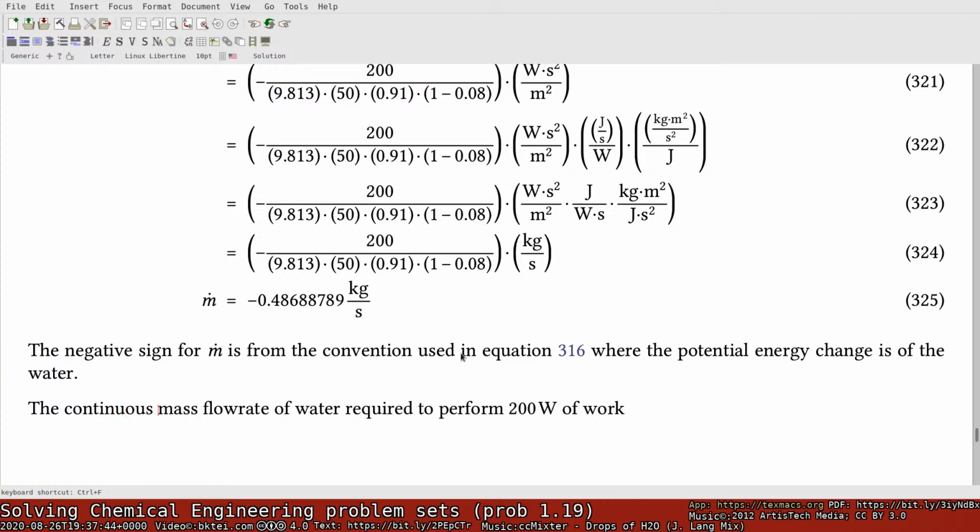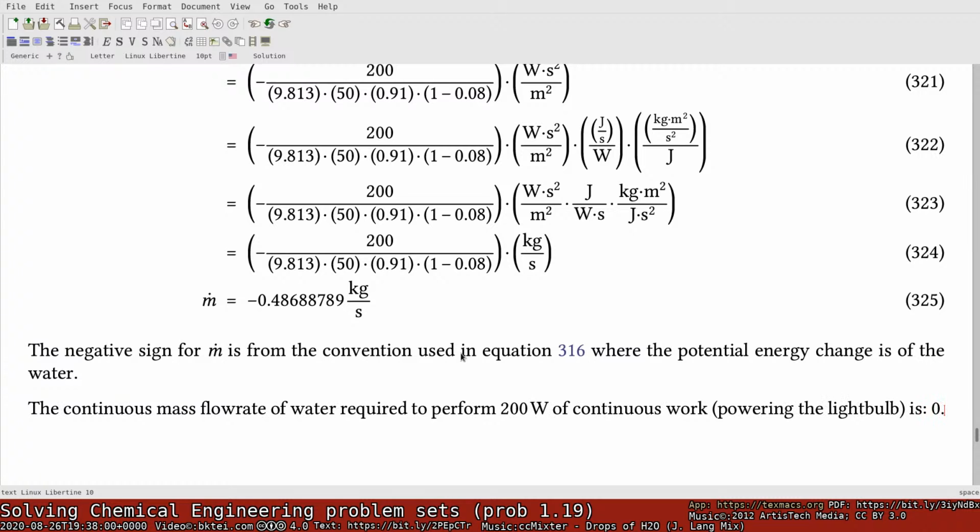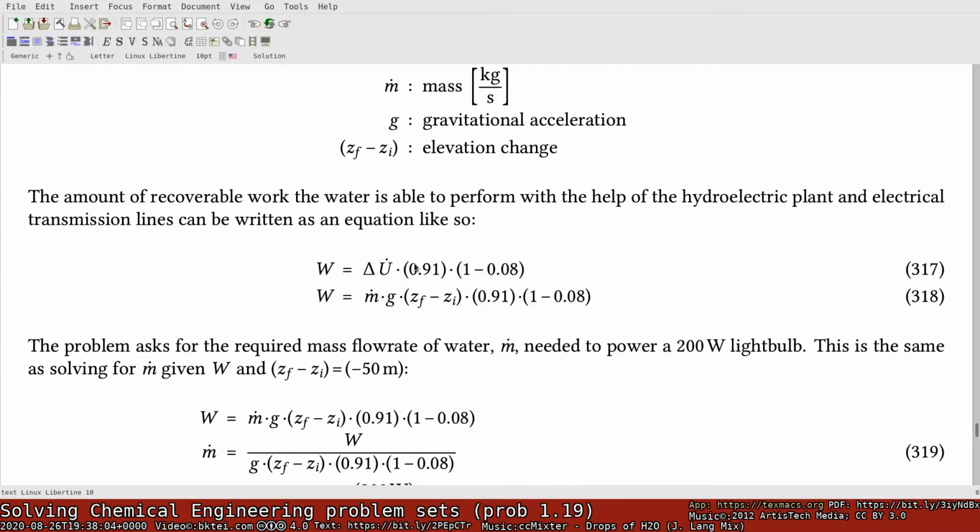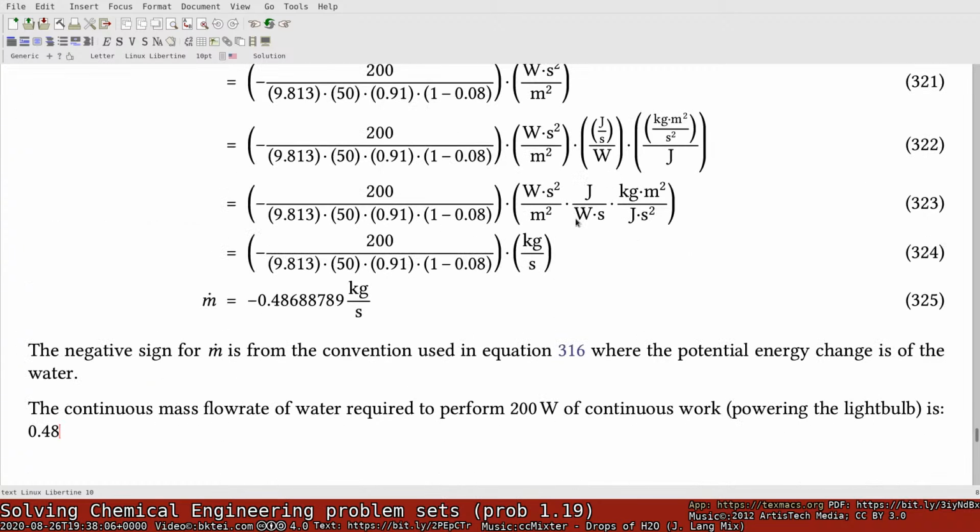The continuous mass flow rate of water required to perform 200 watts of continuous work powering the light bulb is 0.48. Now, what's the sig figs in there? I guess efficiency. 0.49.